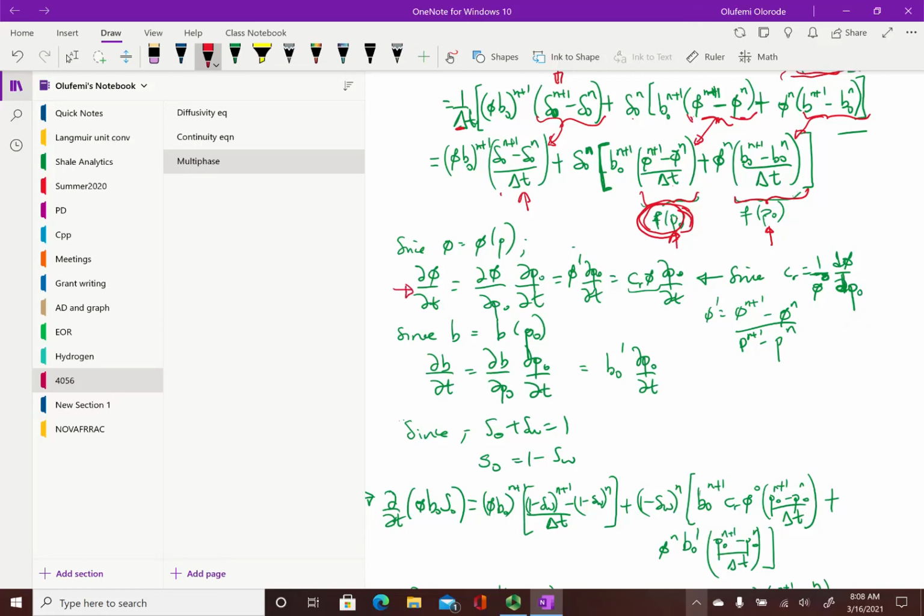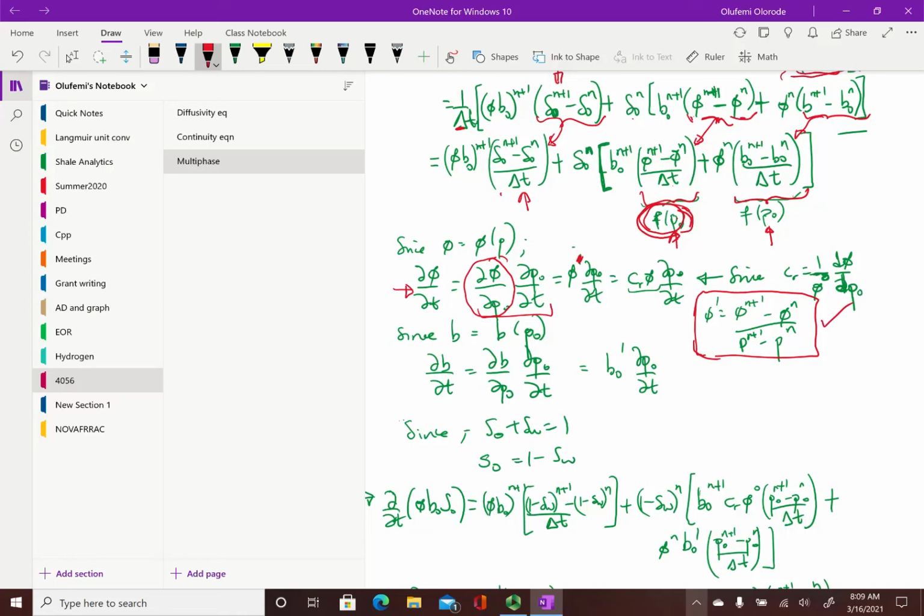So what is dphi/dt? You can use chain rule as shown here. This is chain rule. And we want to use a shortcut for dphi/dp as phi prime, which is technically this. It's phi at n plus 1 minus phi at n divided by p at n plus 1 minus p at n, right? And you can easily evaluate this in your simulator.